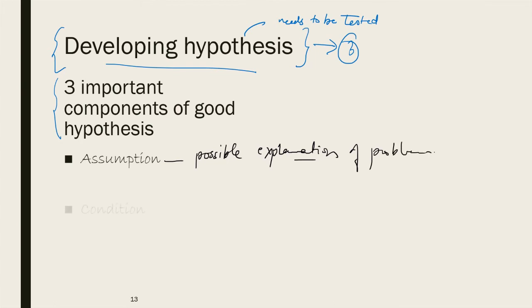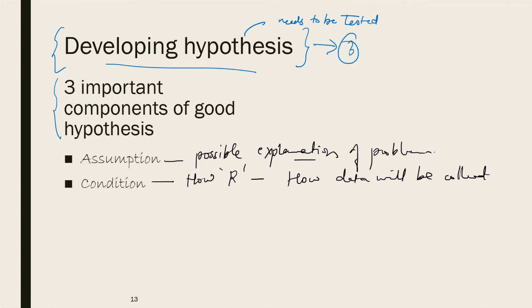Third is the prediction, and it is a part of hypothesis, as the researcher must predict or must tell what he thinks will happen. Okay, so the possible outcome of the hypothesis. So these are the three important components of a good hypothesis: assumption, condition, and prediction.